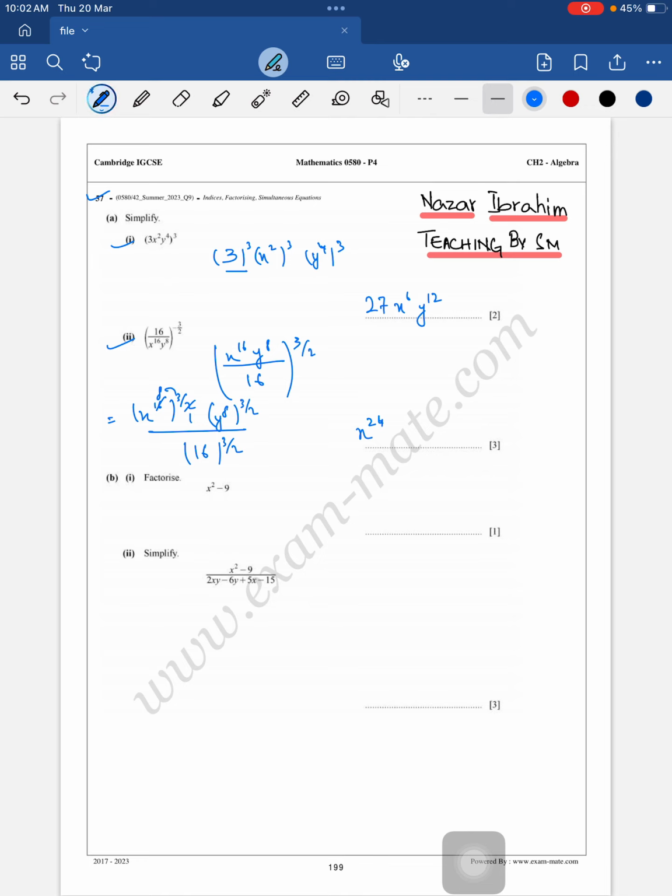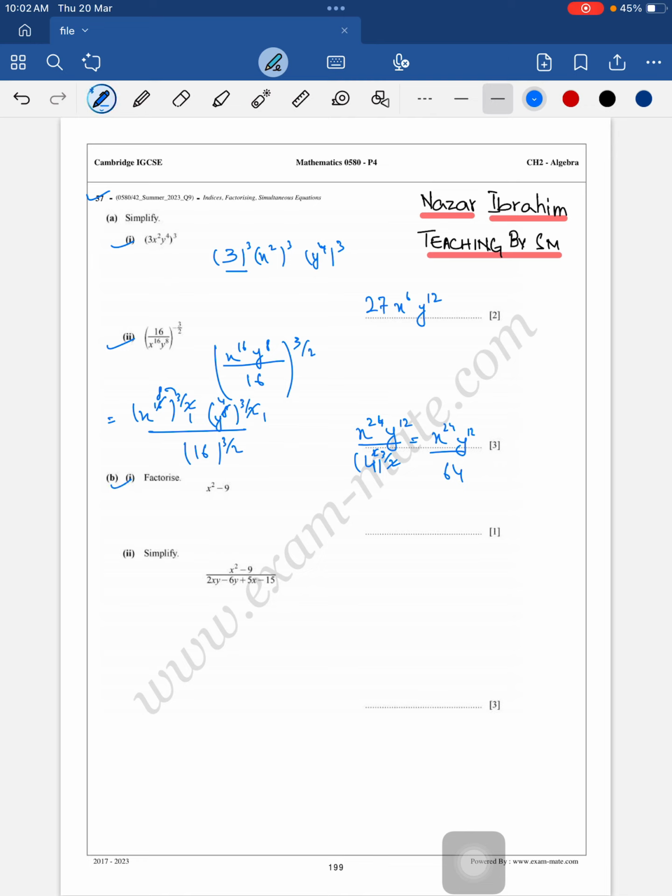Similarly, we have y to the power 8, so that will be cancelled by power 2, so 2 ones are 2, 2 fours are 8, so y to the power 12, and in the denominator we have 16. 16 means we have to first think of a number which when multiplied by itself gives 16, so that is 4. 4 squared, so the square gets cancelled with this. 4 to the power 3 will be equal to 64, so x to the power 24 y to the power 12 upon 64.